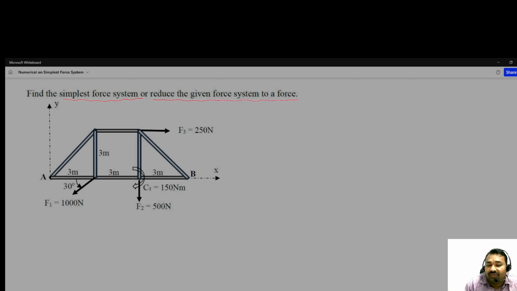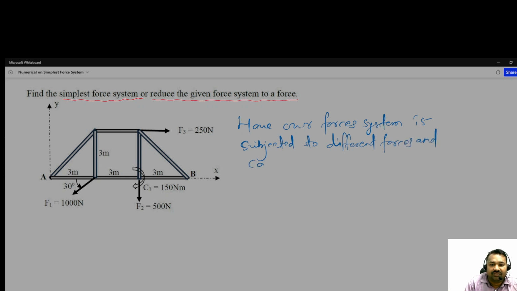So in this question, firstly we have to identify how our force system is subjected to different forces and couples.